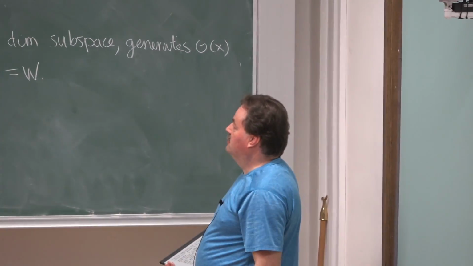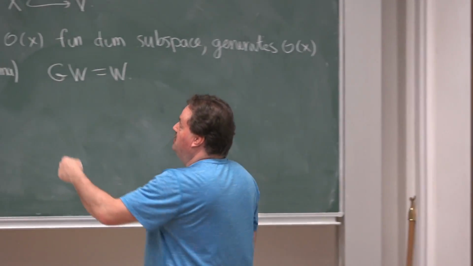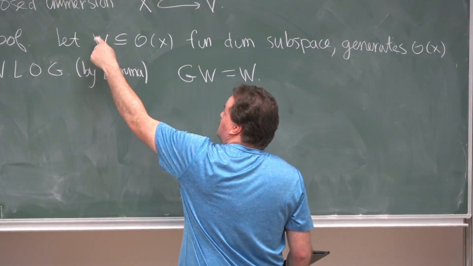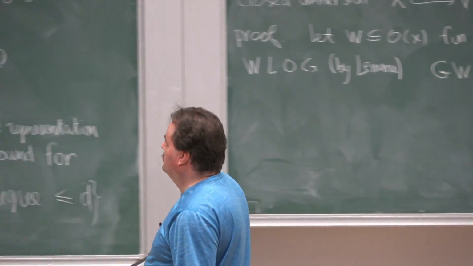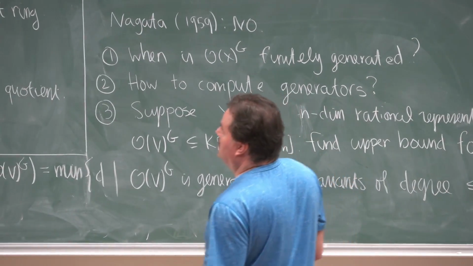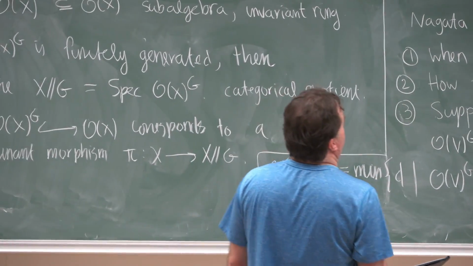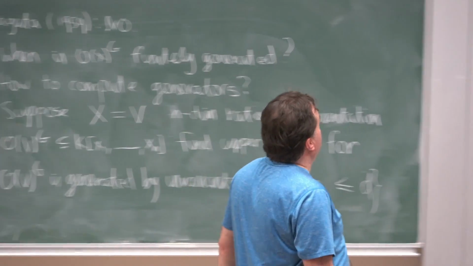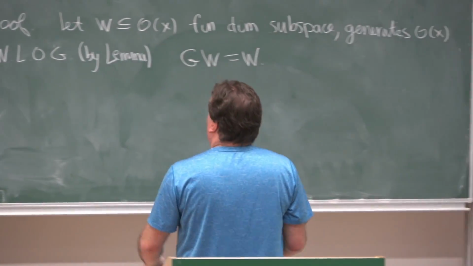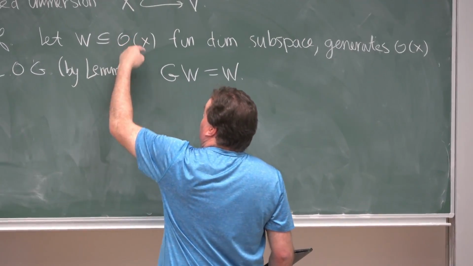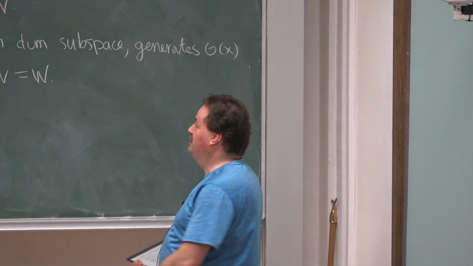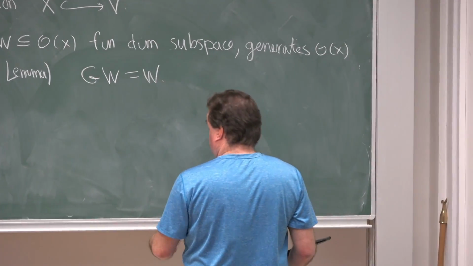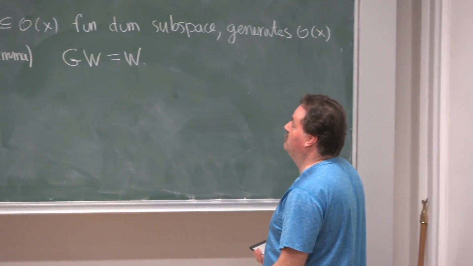The group G acts on the coordinate ring, but it also acts on this W, because of this lemma. Do I still have the lemma somewhere? Oh, there. I can take generators of the algebra and then take the span of the orbits of those, and I get a subspace that's stabilized by this group.